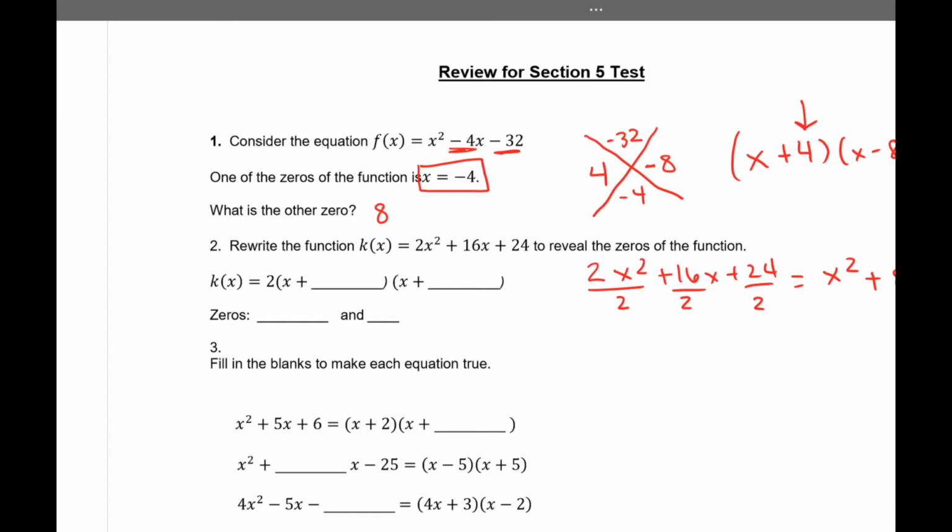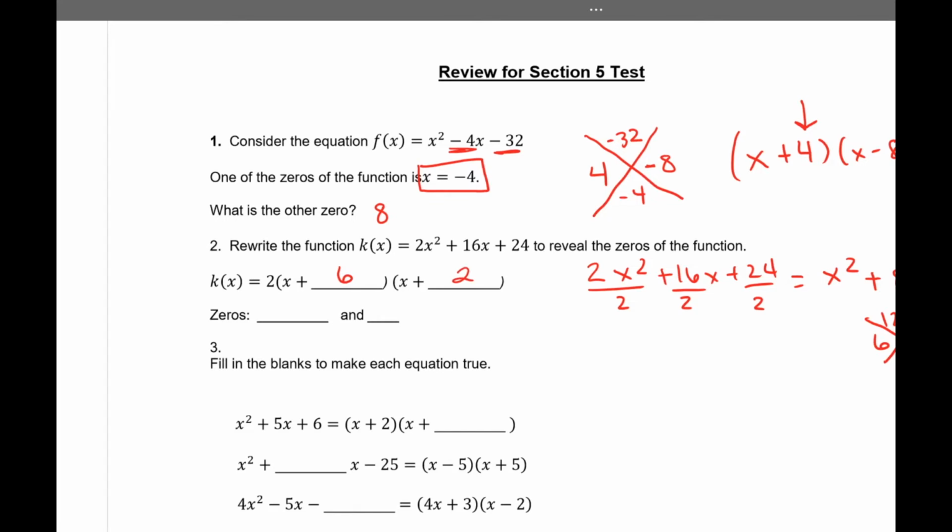Alright, so now all we need to do is make our x. 12 goes at the top, 8 goes at the bottom. Blank times blank gives you 12. So what times what gives you 12 but also adds to 8? Well, 6 and 2. 6 times 2 gives you 12. 6 plus 2 gives you 8. So right here, you're going to have 6 and you're going to have 2.